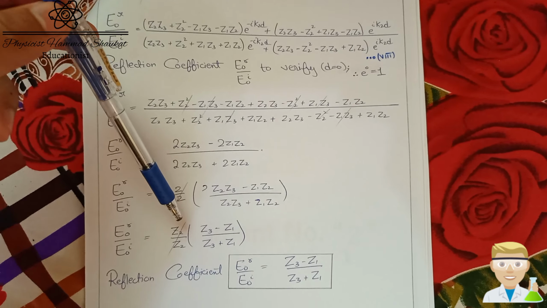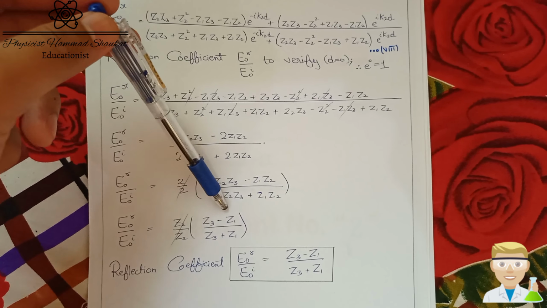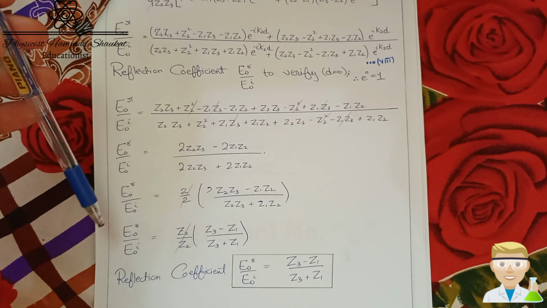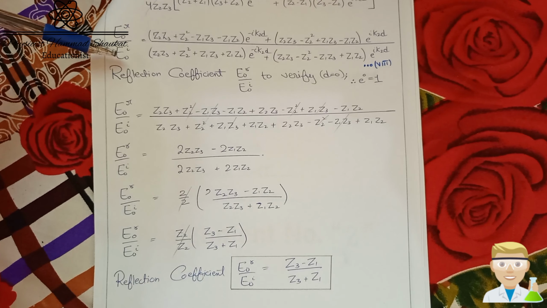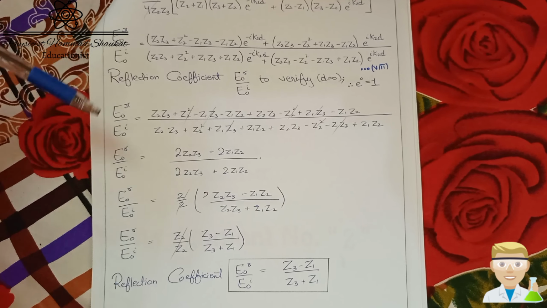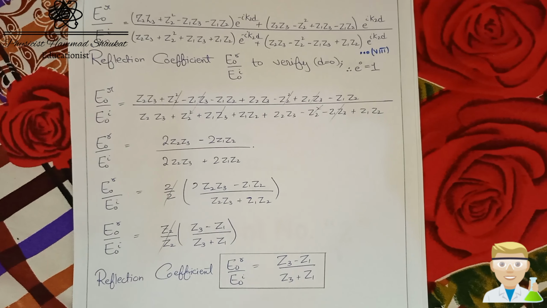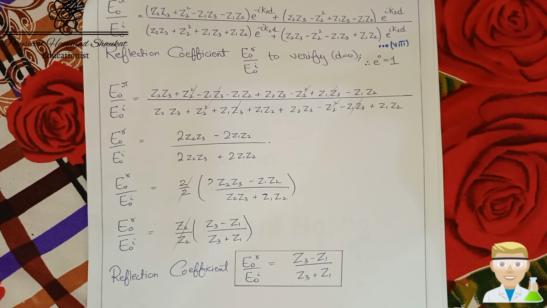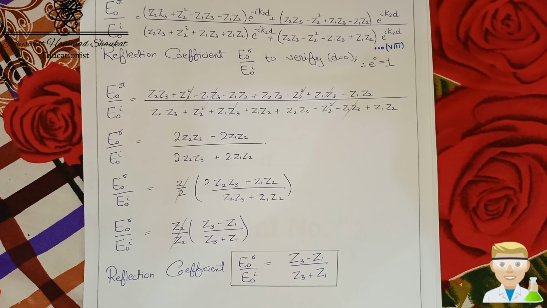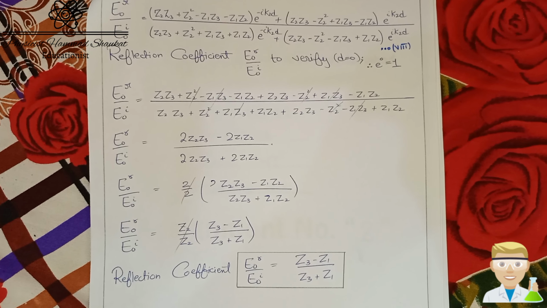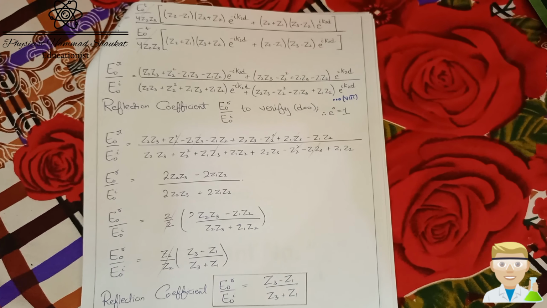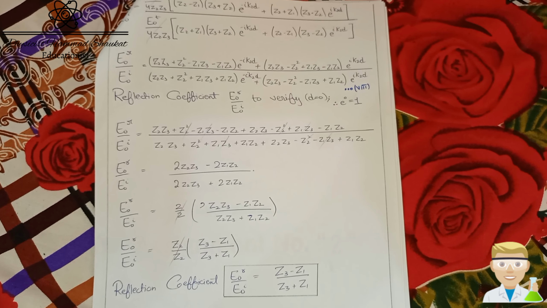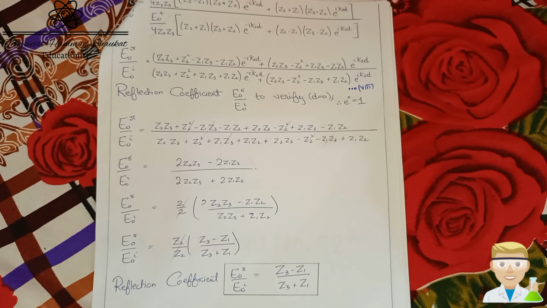Taking z2 common in both numerator and denominator, you are left with z3 minus z1 divided by z3 plus z1. This is E0r by E0i, the reflection coefficient. So this is how you can find the reflection coefficient of the electromagnetic field equations.